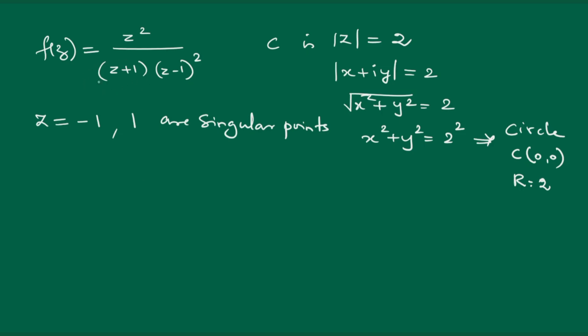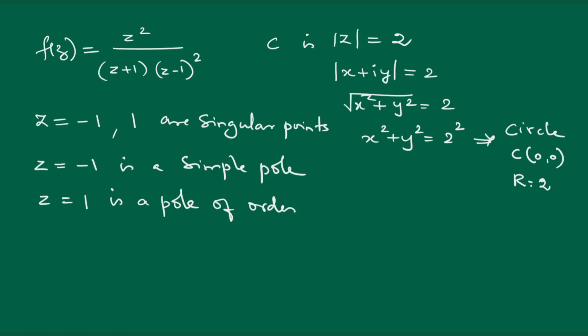Here, if you notice, z plus 1 occurs only one time, so z equal to minus 1 is a simple pole. For z equal to plus 1, we have z minus 1 whole square, so it is a pole of order 2, otherwise called a double pole.